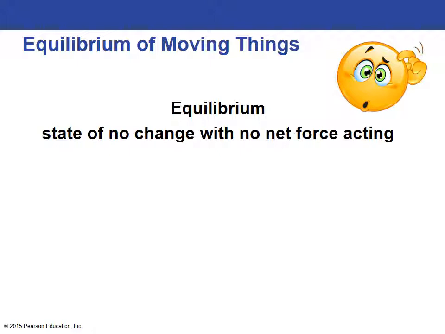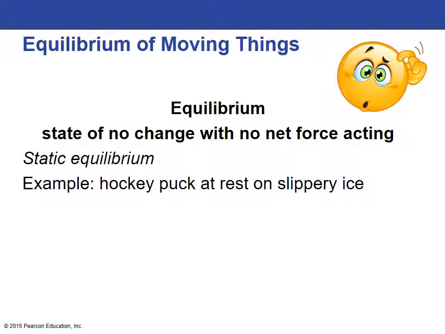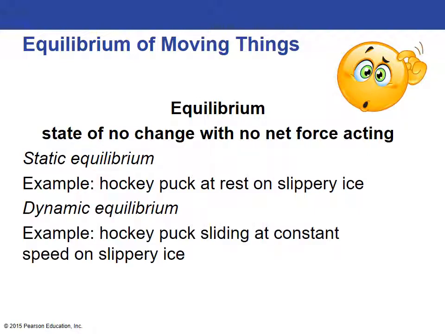We can have inertia on things that are moving. Static equilibrium is when something doesn't move. That's when the bowling ball is just sitting still on the floor. Nothing has happened. Dynamic equilibrium is the movement that's going on after the force has stopped.